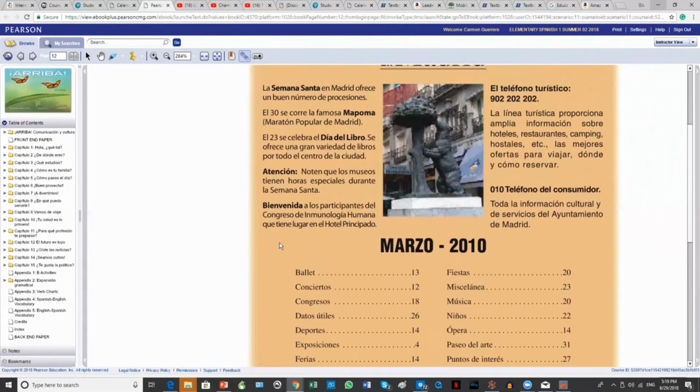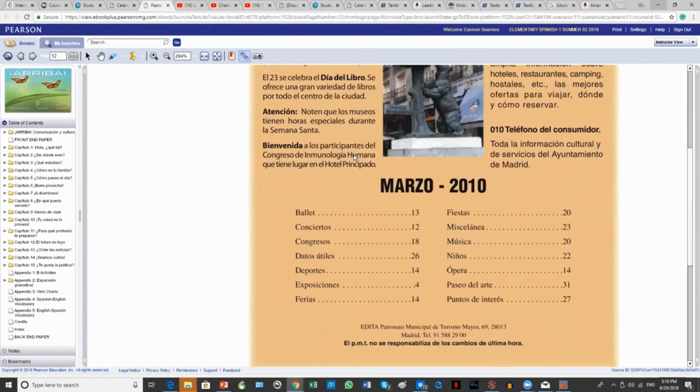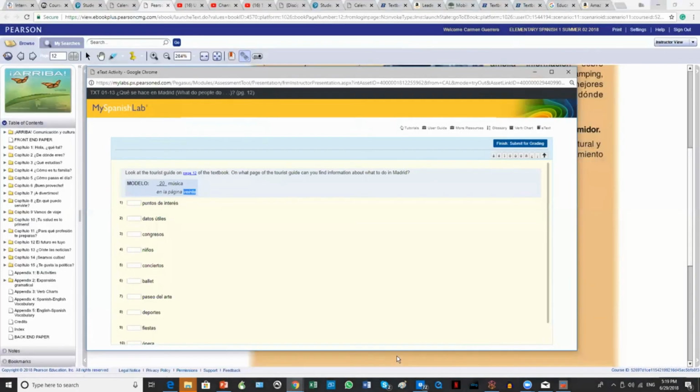Esta semana en Madrid ofrece buenos números de procesiones. He's talking about Holy Week in Madrid, and then he's talking about Maratón popular in Madrid, el Día del Libro, celebrating Books Day. And then all the information that this magazine offers is on these pages. What you're gonna do in the exercise is to respond in which pages you find the information.